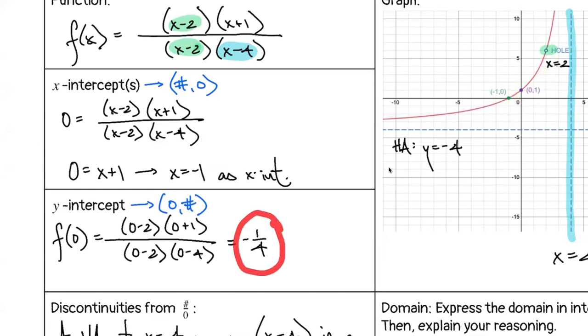What can I do to -1/4 to make it into a +1? Yeah, if I multiply it by -4, I'm going to get 1.